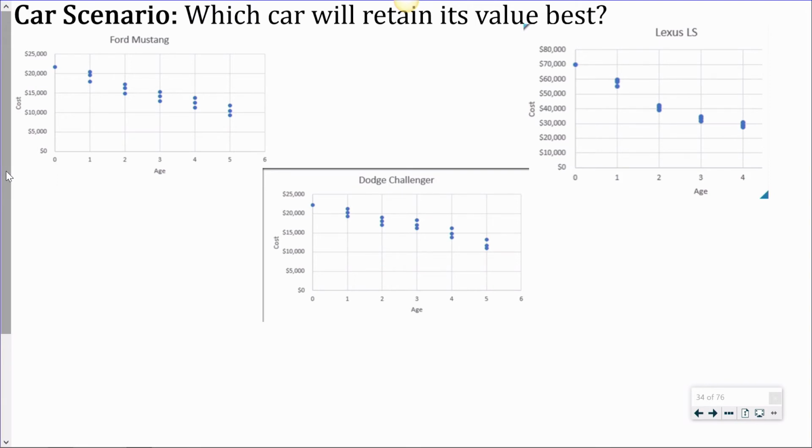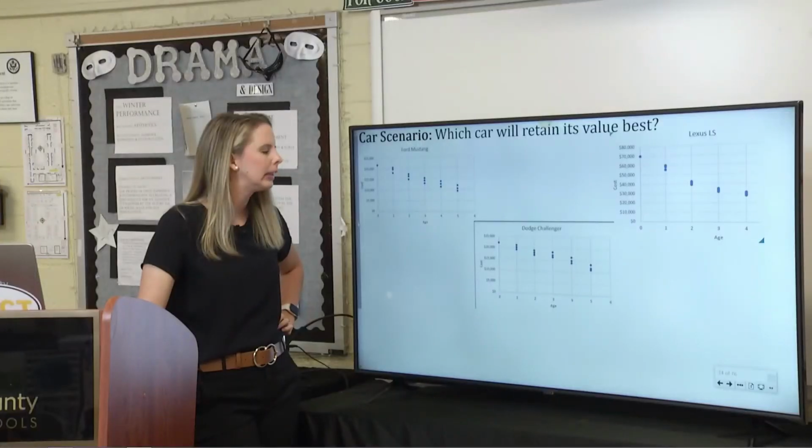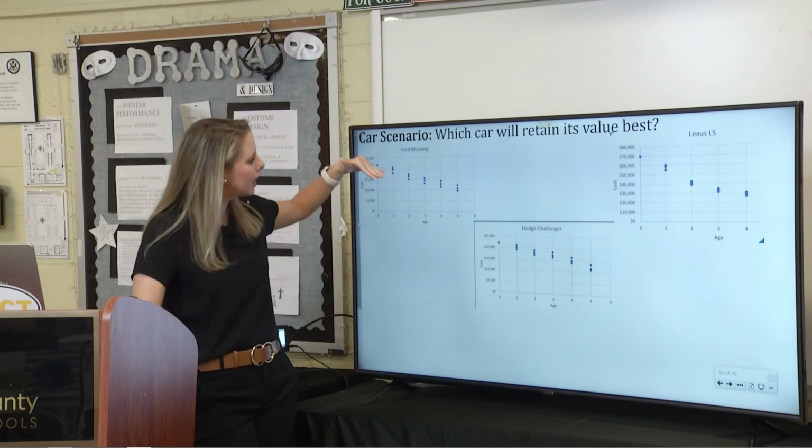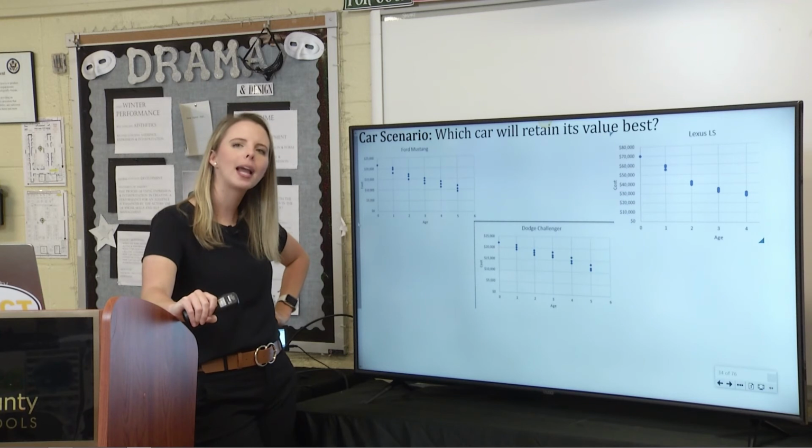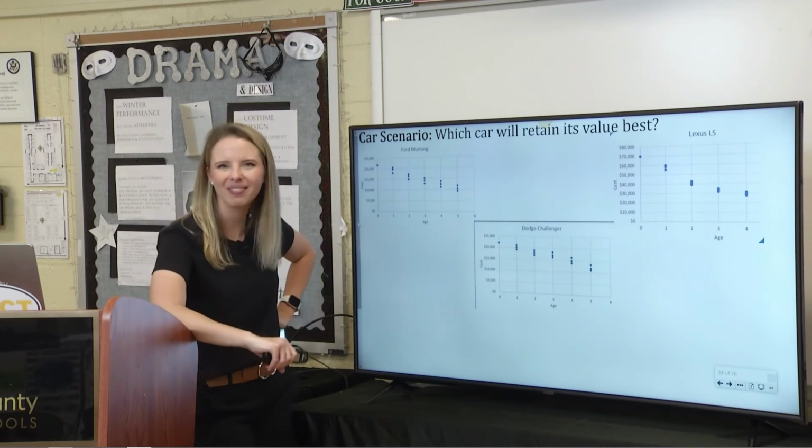So let's talk about something. What if there was a way that we could get Excel to generate a function or connect these with a nice smooth curve? That would give us a lot more information. Well, guess what?